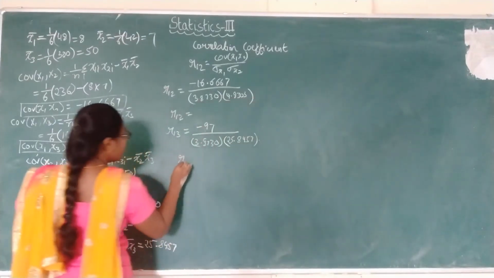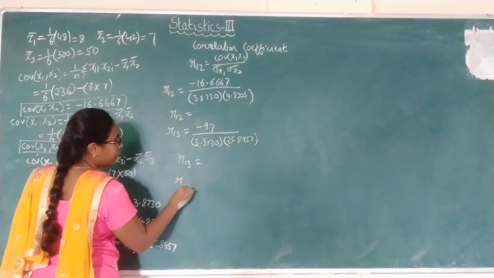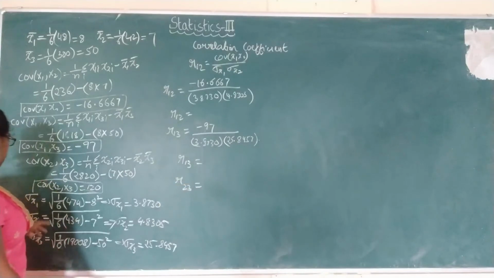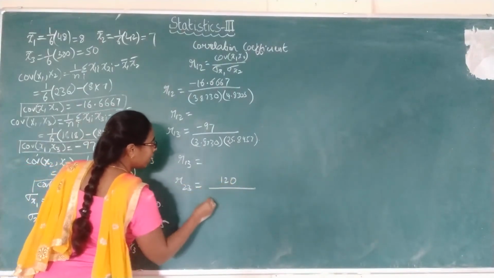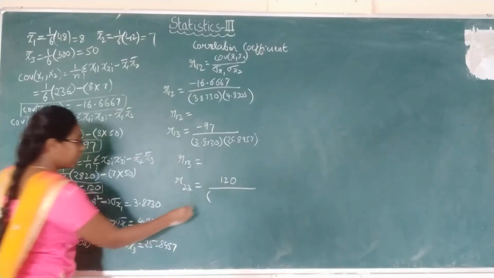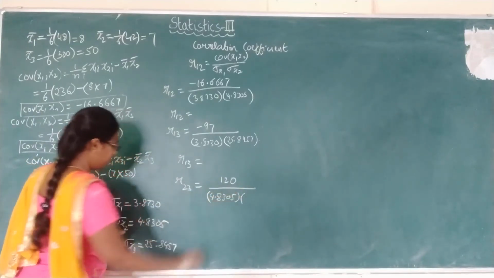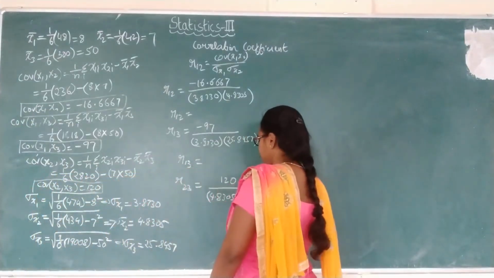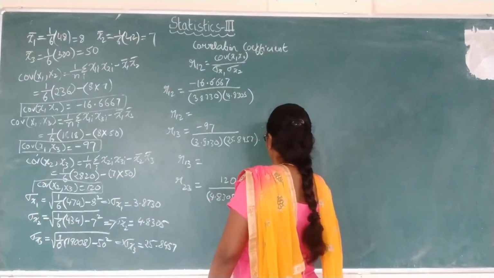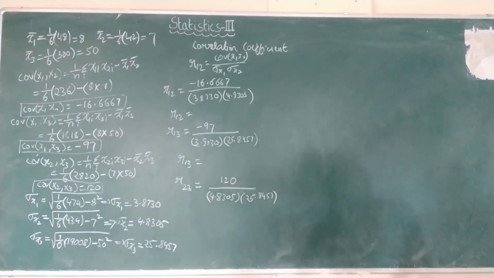Now calculate the R13 value. Similarly, R23 equals covariance of x2, x3, which is 120. So 120 divided by sigma x2, which is 4.8305, into sigma x3, which is 25.8457. Now solve all the values.